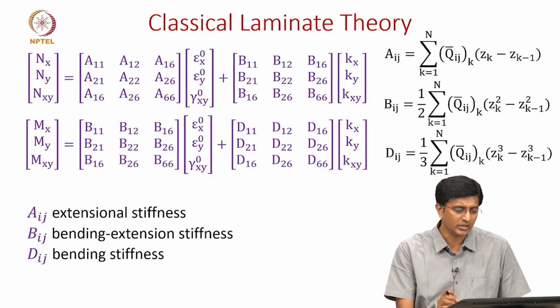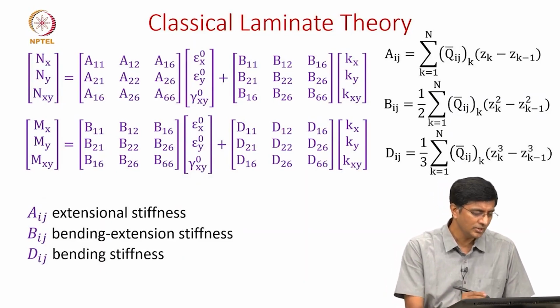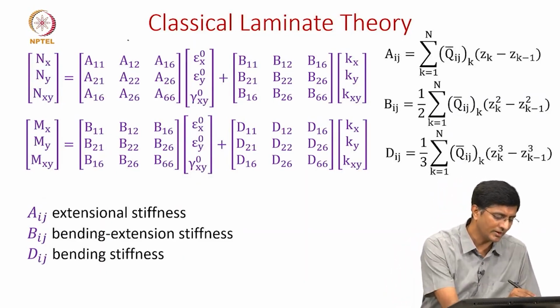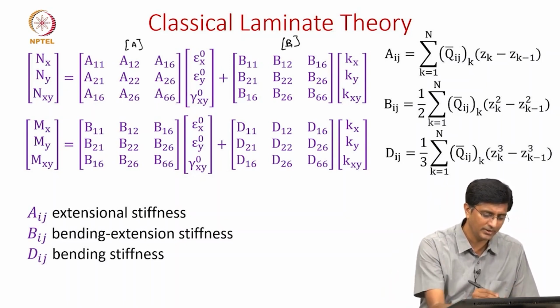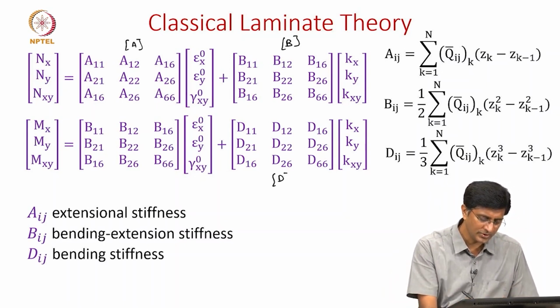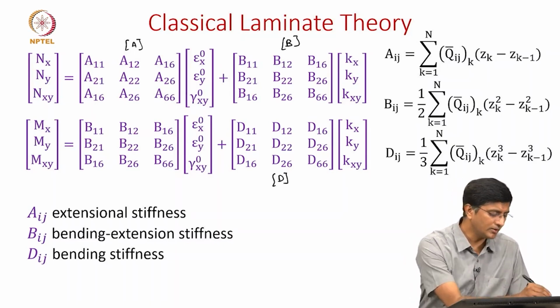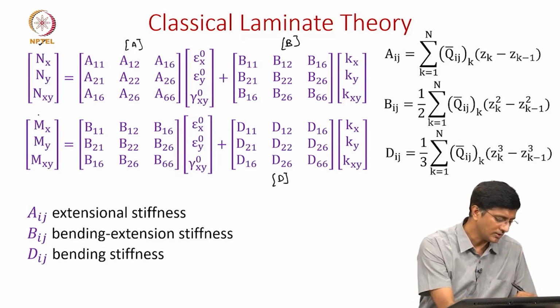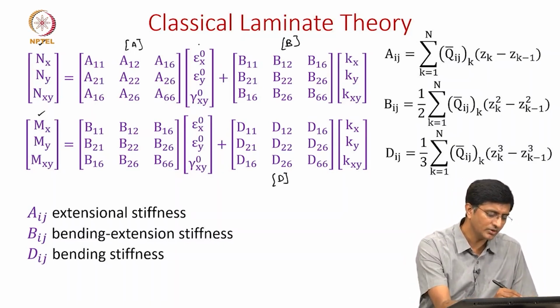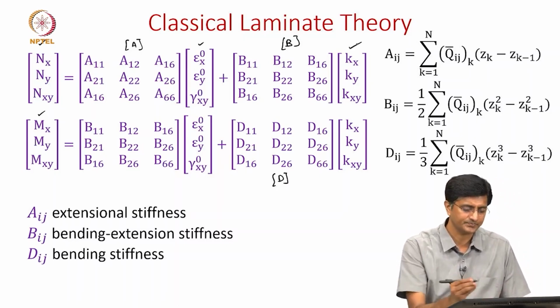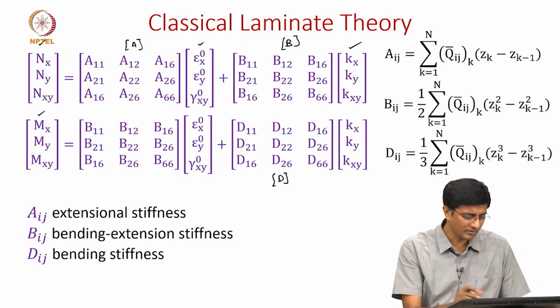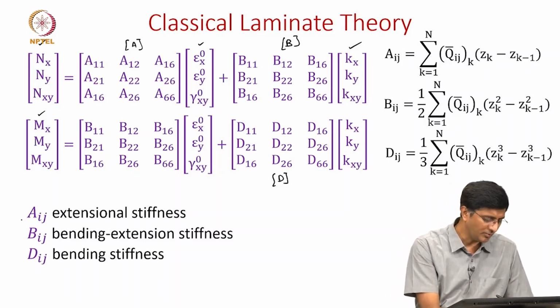So here is a quick review of the classical laminate theory. Essentially, we have introduced these three matrices A, B and D. Using these three matrices, we are able to relate the normal forces as well as the moments with the midplane strains and the curvatures. And here are the names for the ABD matrices.